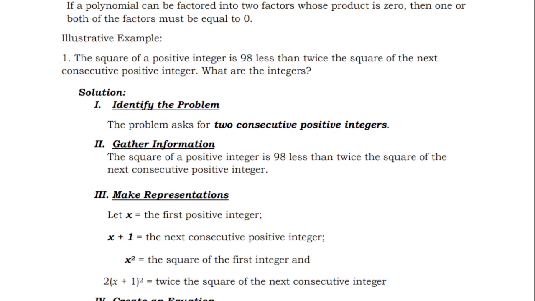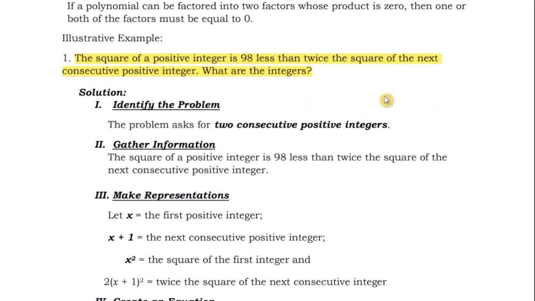The square of a positive integer is less than twice the square of the next consecutive integer.